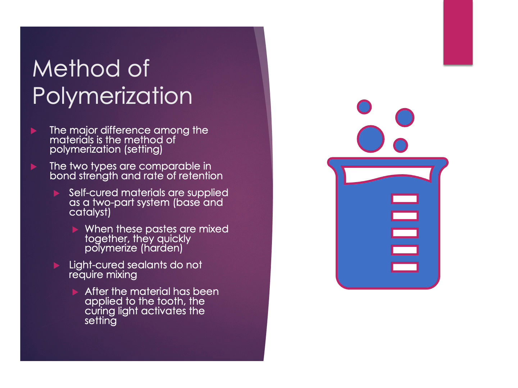Light-cured materials are available in a one-step delivery system in which the material is provided in a light-protected preloaded syringe and is ready for direct application to the teeth. There are advantages and disadvantages to self-cured sealants versus light-cured sealants. Box 59.1 on page 923 in your textbook provides a list of these advantages and disadvantages.